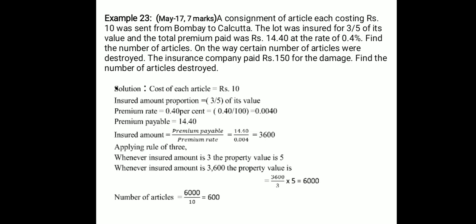Hence, the insured amount can be calculated by the ratio of premium payable divided by premium rate multiplied by 100, provided you take the value as it is, in the sense that you have not converted the given premium rate into percentage.